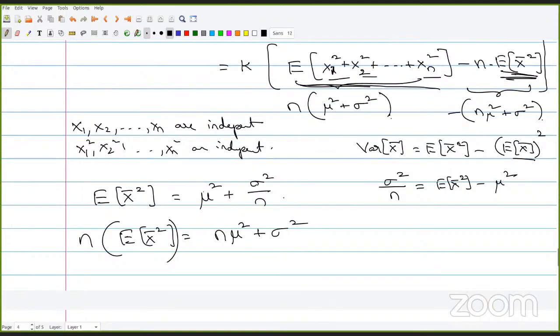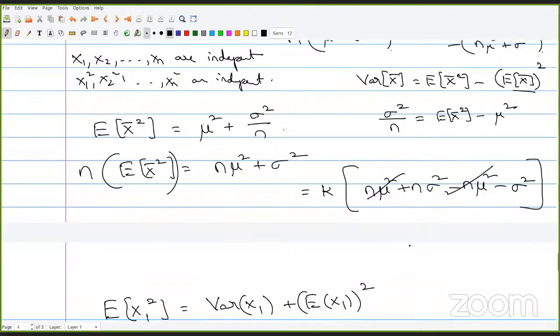Now how will it convert? k of n mu square plus n sigma square minus n mu square minus sigma square. Now this and this get cancelled, and we get k into n minus 1 into sigma square.